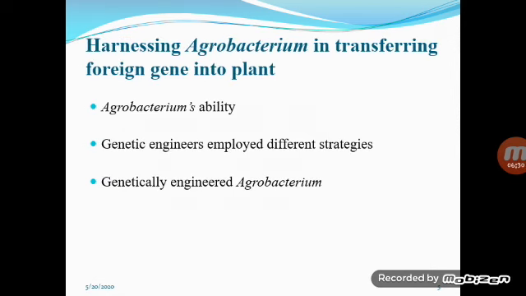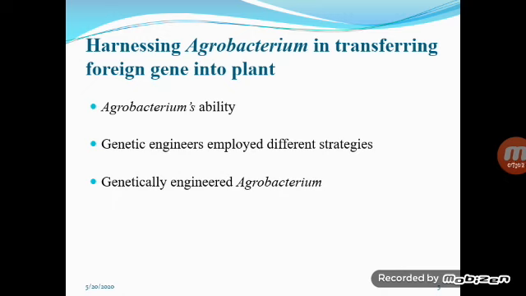Next is how we are harnessing Agrobacterium in transferring foreign gene into plant. Harnessing here actually means attachment or binding of Agrobacterium, how we reserve Agrobacterium with its required material.